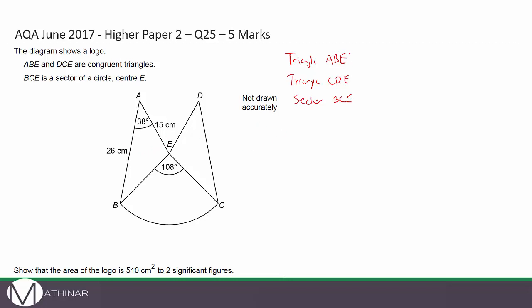So triangle ABE is equal to a half ab sine C. That's half times A and B will be 15 and 26 and sine 38.